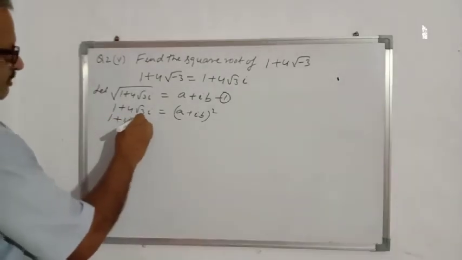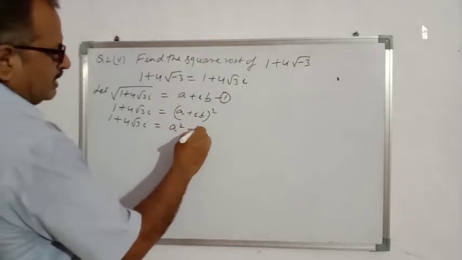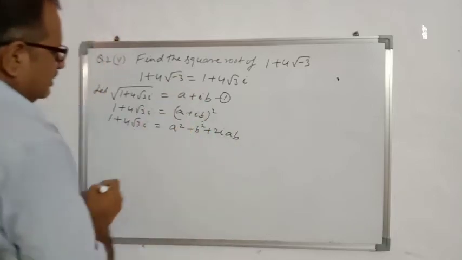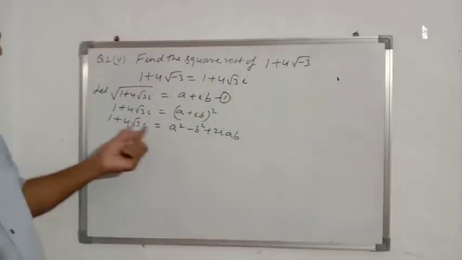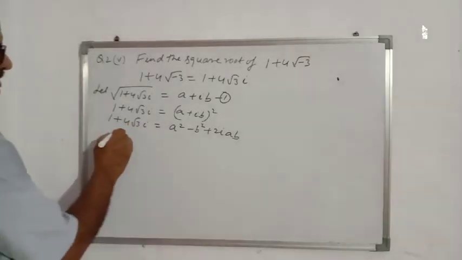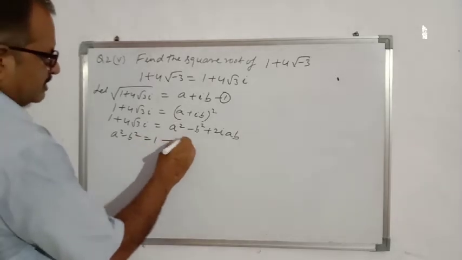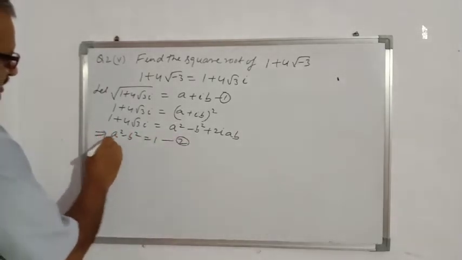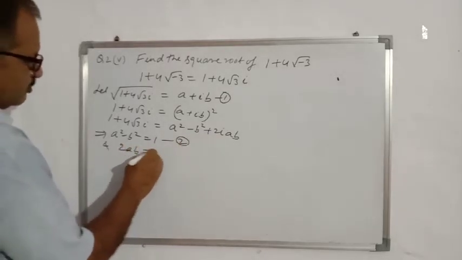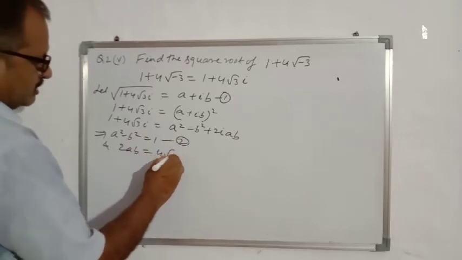When we take the square, we get a square minus b square plus 2iab. Now equating the real and imaginary parts, a square minus b square is equal to 1, and the imaginary part 2ab is equal to 4 root 3.